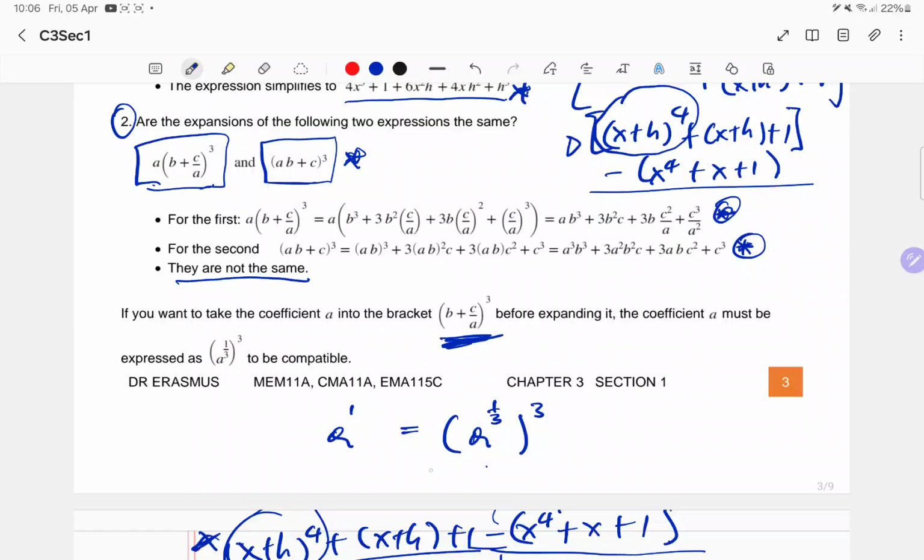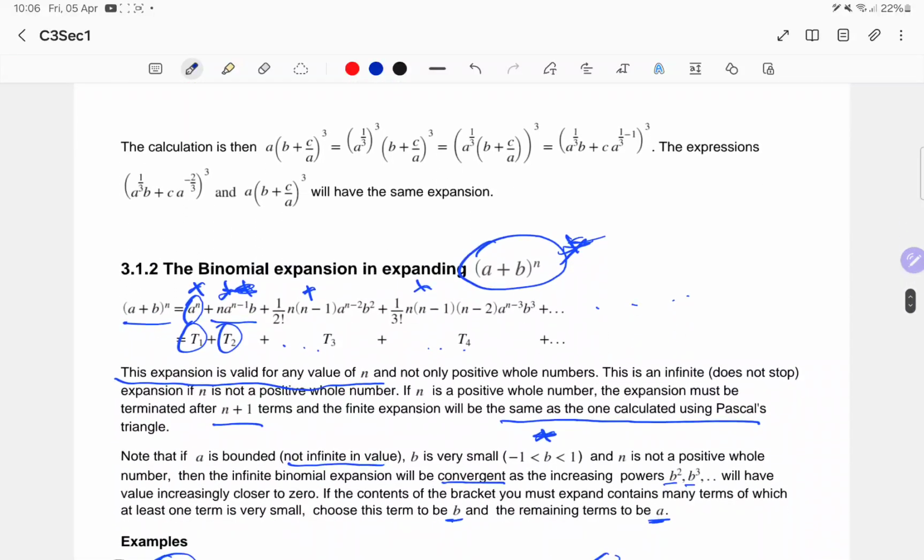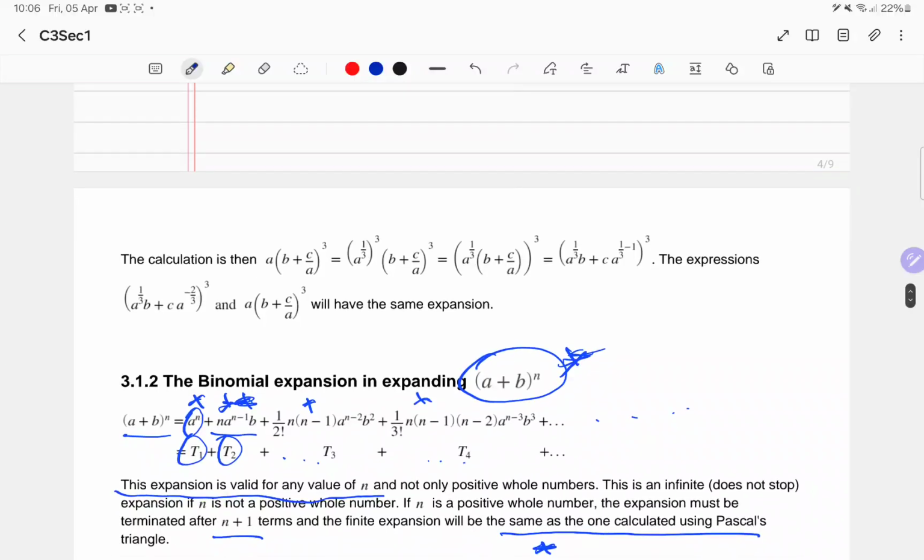You can go back, giving you this, because these two will cancel. The main objective of doing this is that you want to express a as this so that it is compatible. So the calculation is done. Remember, express this as this. So now we have this, isn't it? You can take it all out.